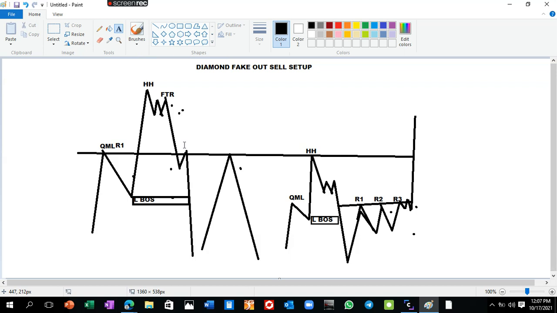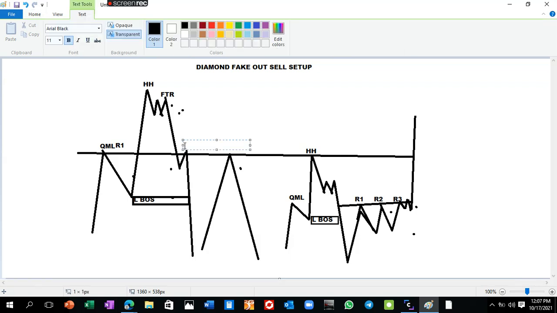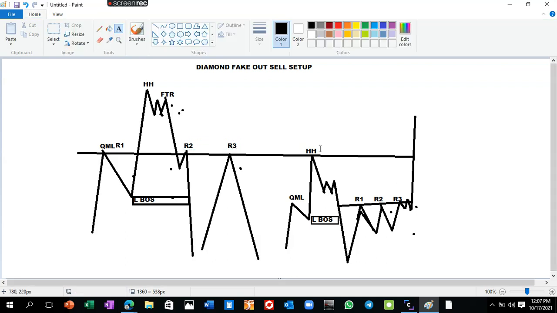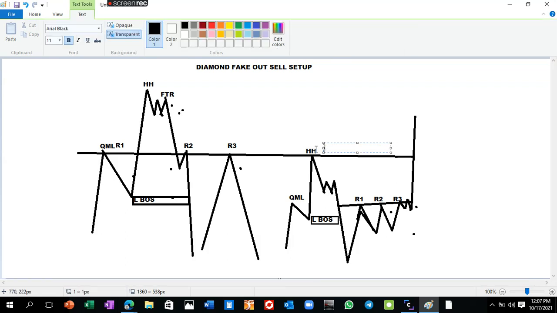Then right here, resistance 2, and here resistance 3, R3. Then this higher high here also acted as a resistance 4.